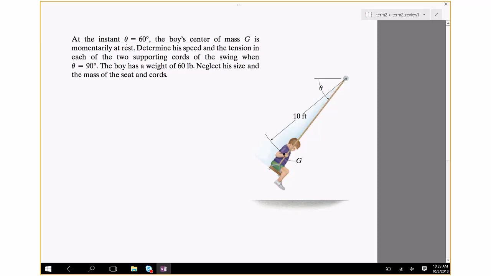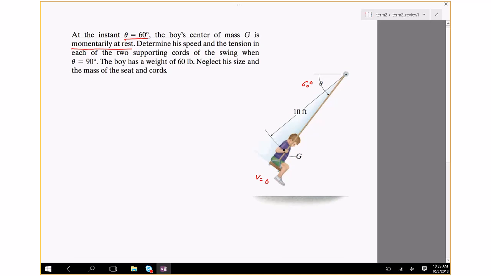At the instant theta equals 60 degrees, the boy's center of mass G is momentarily at rest. So when theta is 60, velocity is 0. Determine his speed and tension in each of the two supporting cords of the swing when theta is 90 degrees. Okay, which means that he would be in this position.